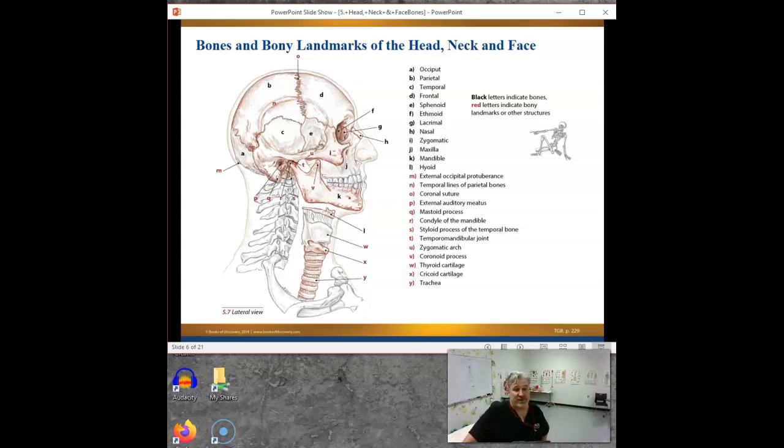It has the mastoid process, which is this bump on the back of our head, which everything attaches to. It's got the zygomatic process on there, I would hope. The zygomatic arch, which comes off the zygomatic process, is on there. That's part of the temporal bone as well.